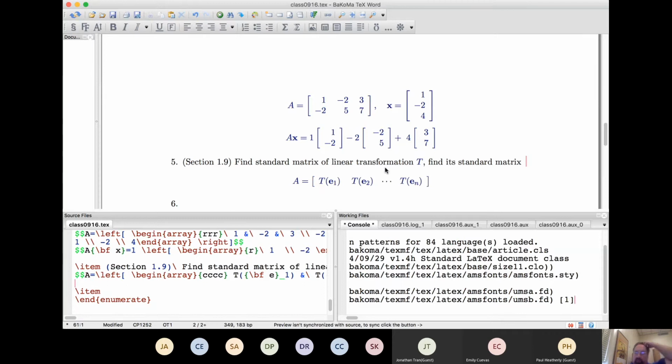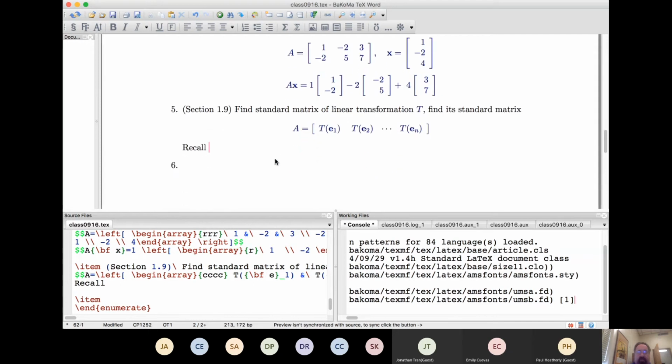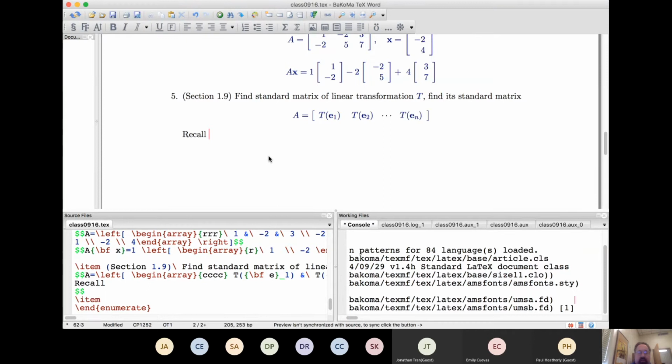Okay, so to get the standard matrix, each column of a standard matrix comes from applying the linear transformation to each column of the identity matrix. And it's important that you have off the top of your head these columns of identity.